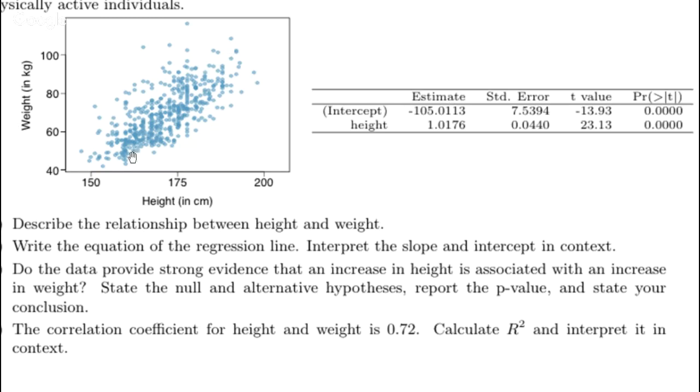So our predictions in weight, their variability is 52% of the total variability in weight. So in kind of informal terms, that's often stated as being 52% of the variability in weight is predicted by height.